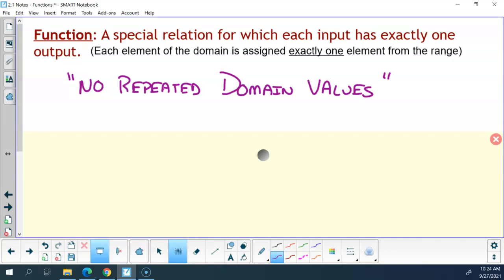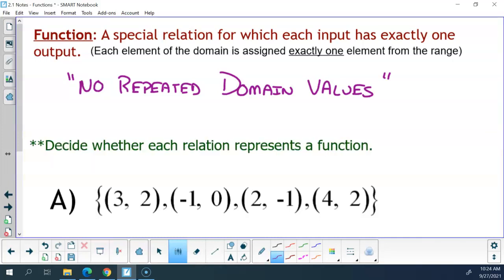Now, can there be repeats in the range? Yes, and it still would be a function. That's okay. We just can't have any repeats in the domain. So underneath this little shade here, it says we need to decide if each relation represents a function. So we look here at the x values.